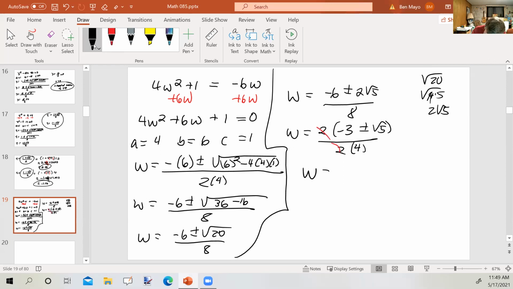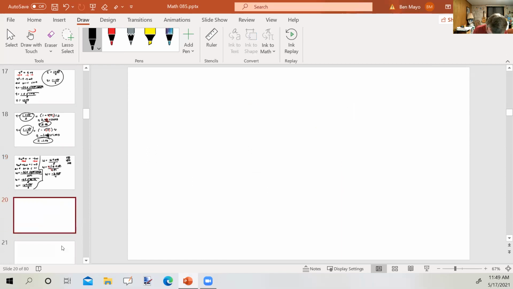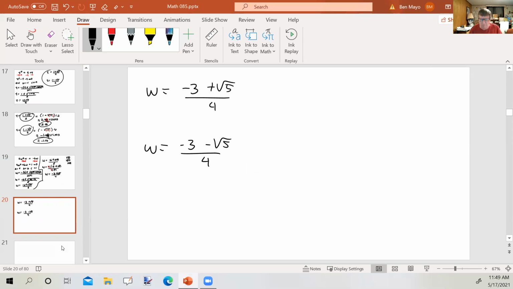So now I've got W equals negative 3 plus or minus the square root of 5 over 4. All right, now, so the two exact answers would be W equals negative 3 plus the square root of 5 over 4, and W equals negative 3 minus the square root of 5 over 4.